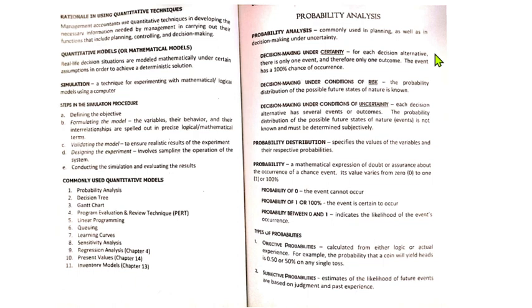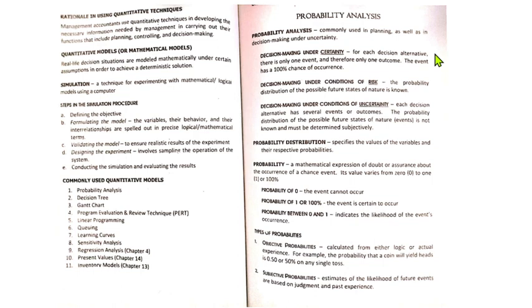One is decision making under certainty. When we say under certainty, ibig sabihin lang nito ay iisang outcome lang ang magiging result ng isang alternative. Kaya nga sabi diyan, for each decision alternative, there is only one event and therefore only one outcome. The event has 100% chance of occurrence, kaya siya certain to happen.